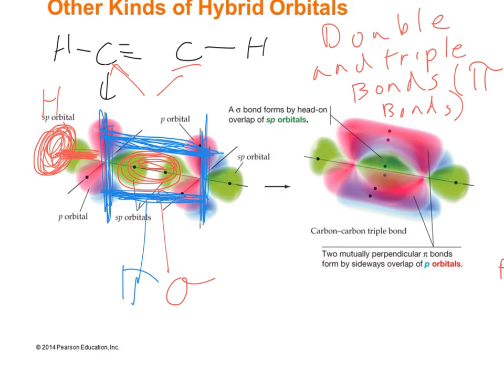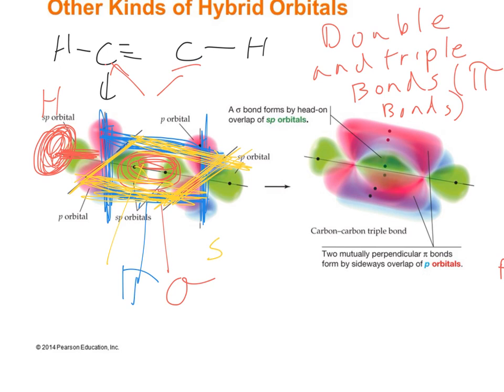Our triple bond is going to form by the sideways overlap of this p and that p, right? So those guys are overlapping sideways to form our other pi bond, and our sigma bond's right there in the center.